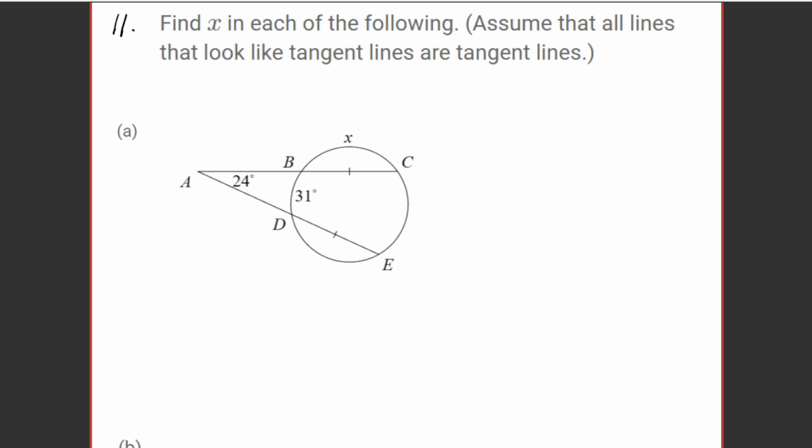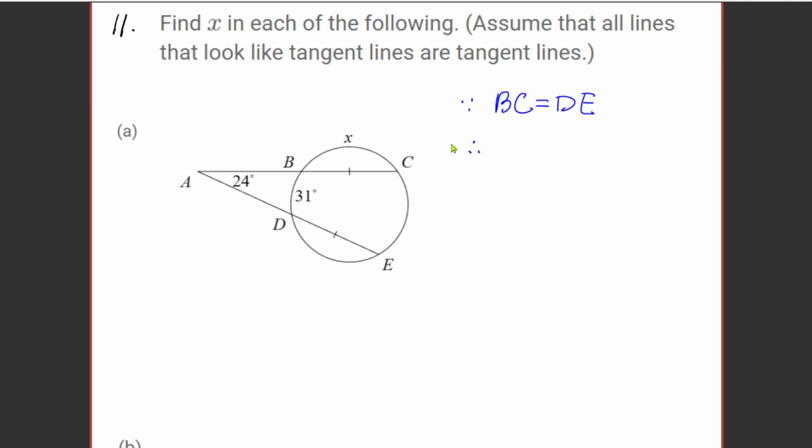Again, you are given a series of diagrams and we need to find X in each of the following diagrams. Assume all the lines that look like tangent lines are indeed tangent lines. Okay, first of all, it says segment BC equals DE, right?